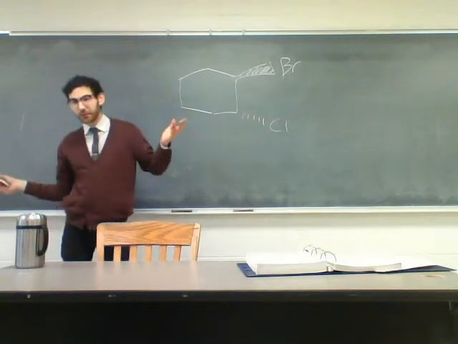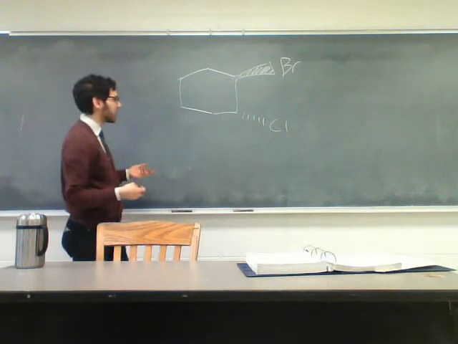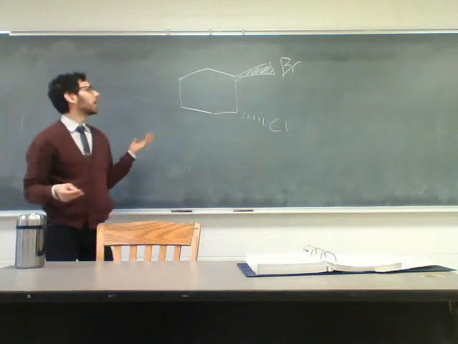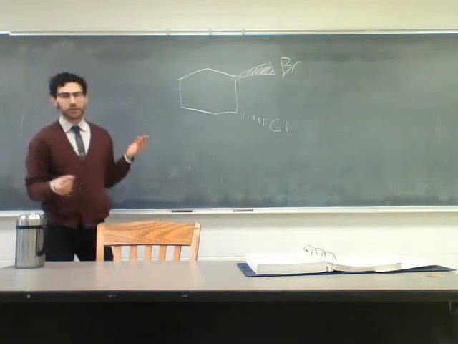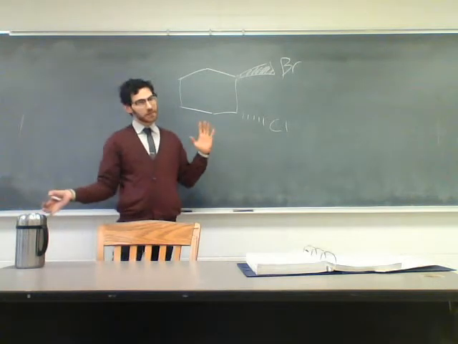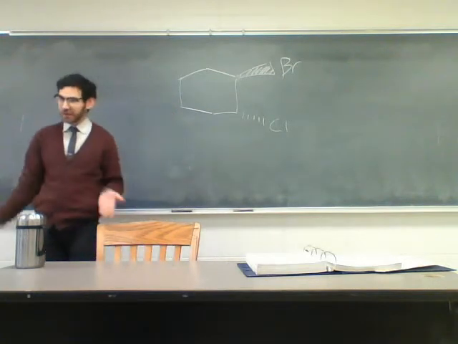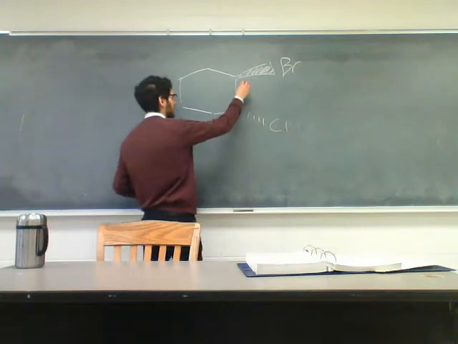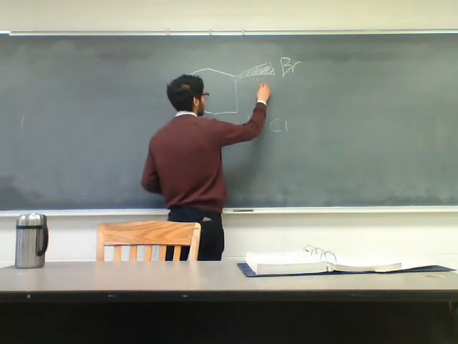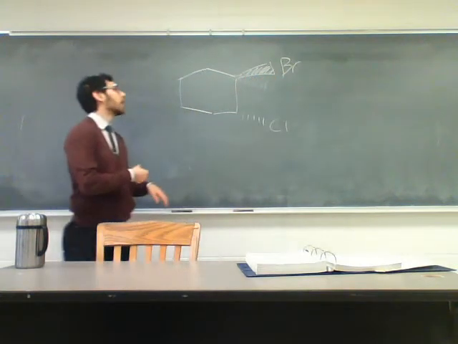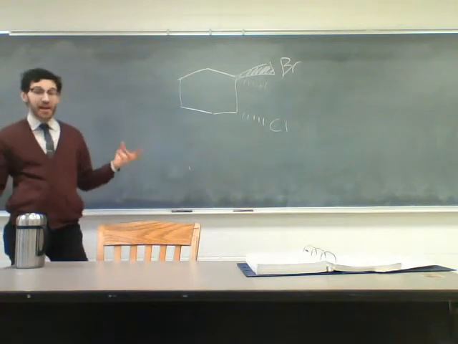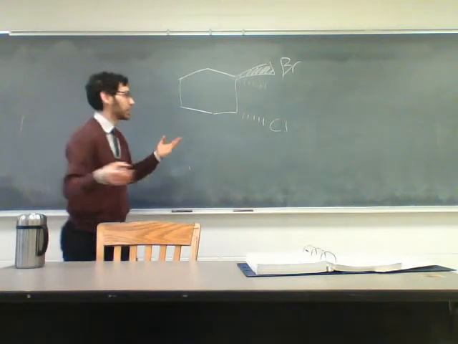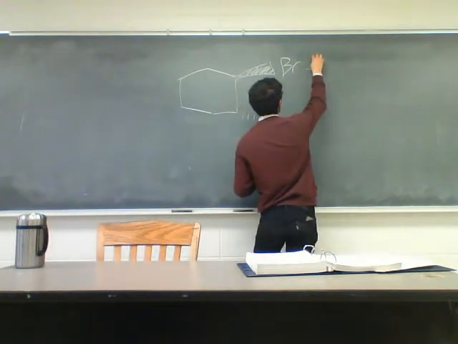So let's look at the top one first, because bromine would get top priority. We're going to first designate priority on each one of our substituents, going by atomic mass. Let's put in this hydrogen, which isn't shown in the basic structure. Bromine is the heaviest substituent on that carbon, so it gets top priority.